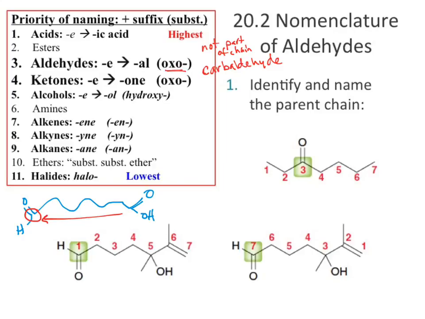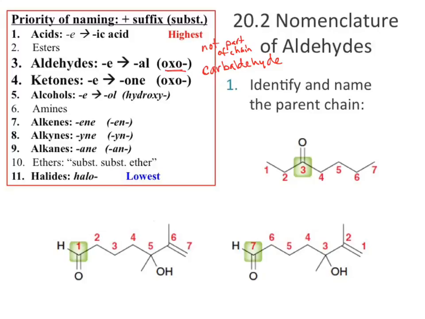So we again can go through and look at a couple of these. Let's look at the bottom two. I think they're both the same. Which numbering is correct for the bottom two? Left or right? Why should the left one be correct? It says correct. Okay, well now you've got to come up with a reason why. Because the aldehyde is a higher priority than the alcohol and the alkene.